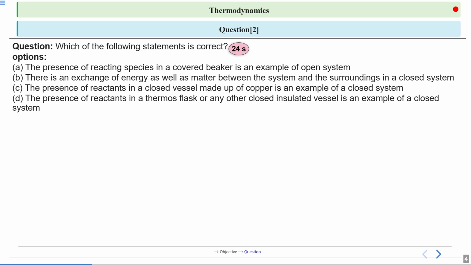Just analyze each and every option and look for the correct statement. Okay, your time is up.